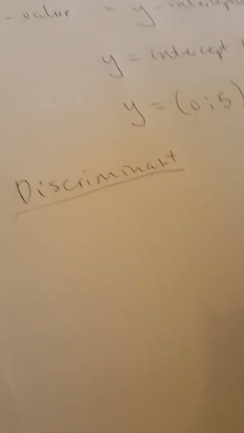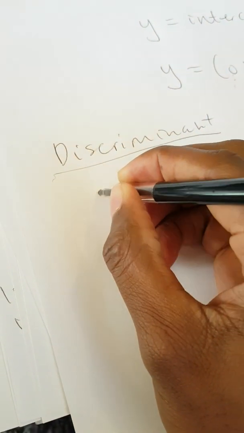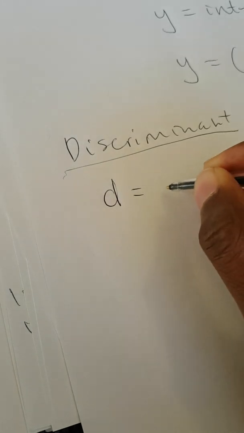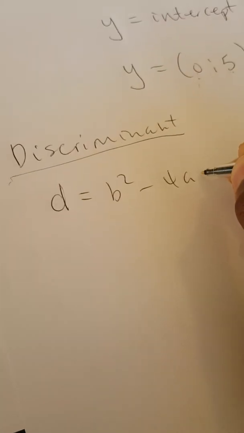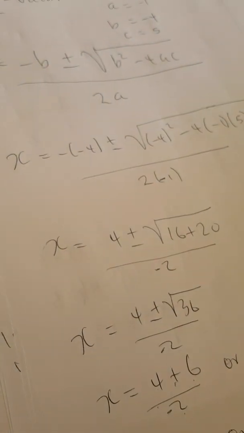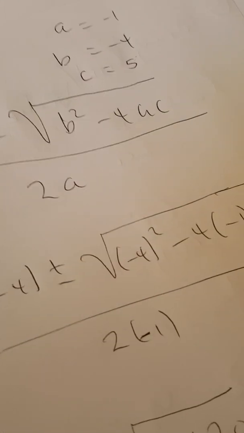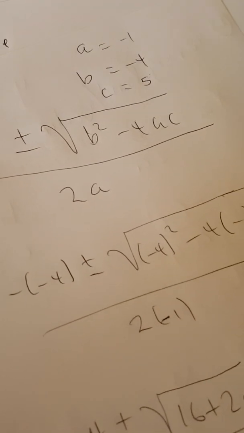A discriminant has a formula. So I'm going to give you my formula here. D is equal to b squared minus 4ac. So this is how you calculate it. I took this formula from inside the square root of the quadratic formula, b squared minus 4ac.